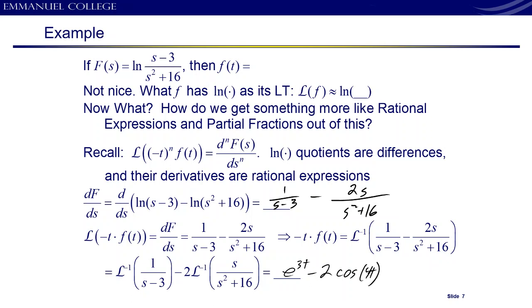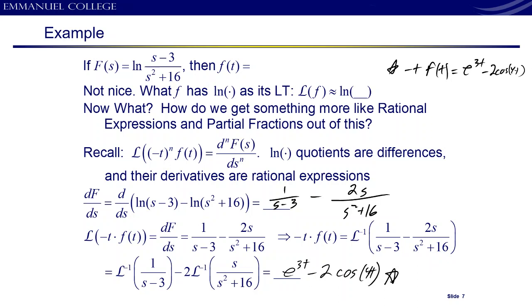But, and this is the crux, what did I solve here? I didn't solve for f of t. Currently what I have is negative t times f of t is equal to e to the 3t minus 2 cosine of 4t.